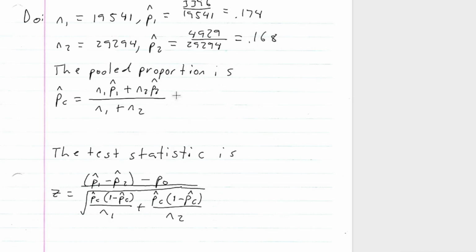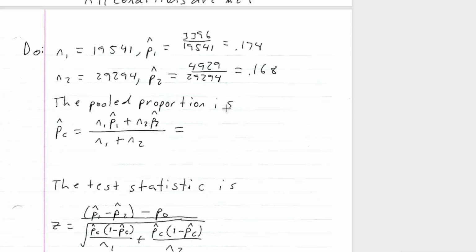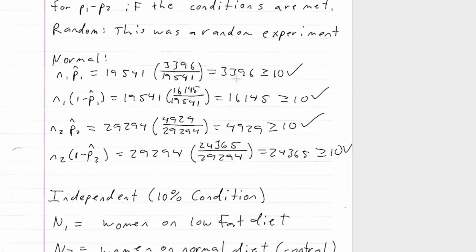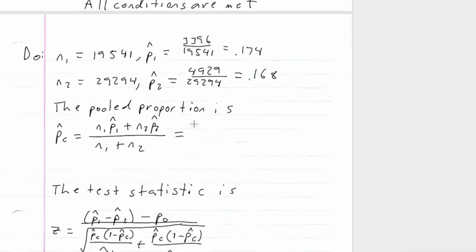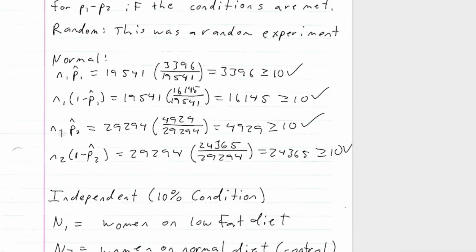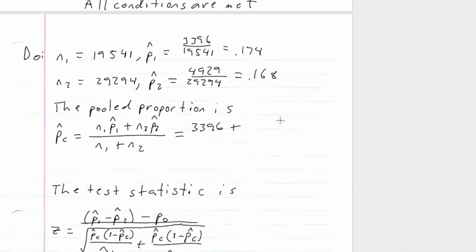So let's go ahead and calculate the pooled proportion. n1 times P1 hat was 3396 plus n2 times P2 hat was 4929, and that's all over 19541 plus 29294, which gives me 0.170, or just 0.17, right?